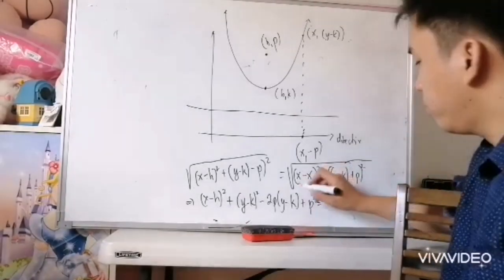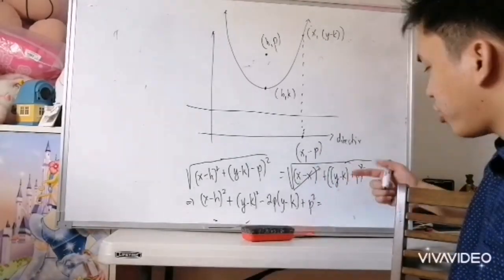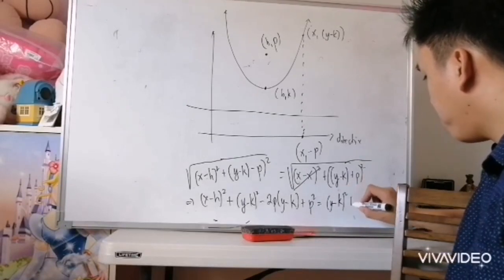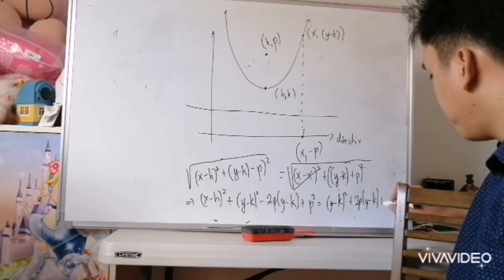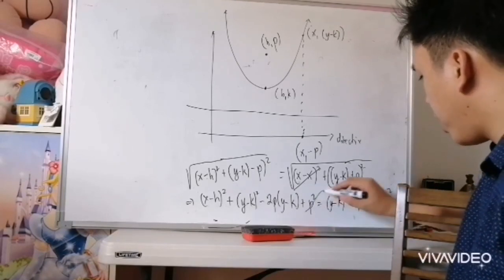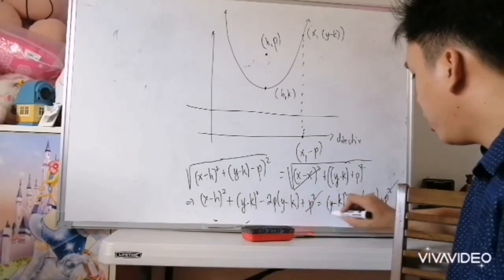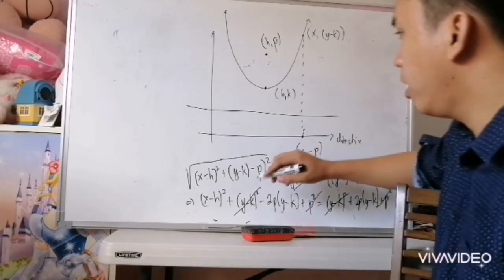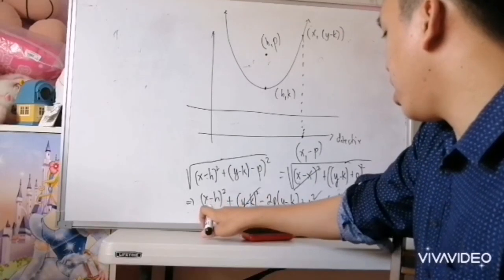This other side becomes a basic special product: y minus k squared plus 2p times y minus k plus p squared. So p squared will be cancelled because they have p squared on both sides. This will also be cancelled. So what you're left with here is this.